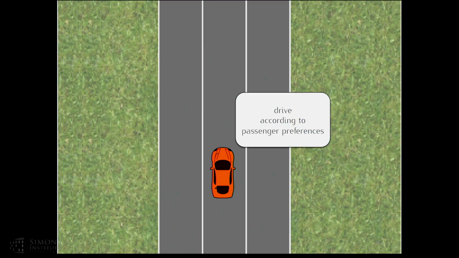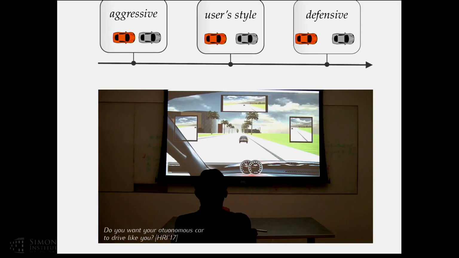I was going to quickly mention that when it comes to this other side of learning how the passenger wants the car to drive, then you're all of a sudden in the more regular active learning setting where you don't necessarily take physical actions, but you can make queries.